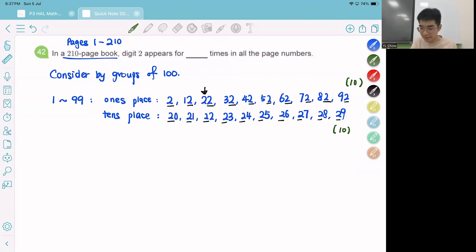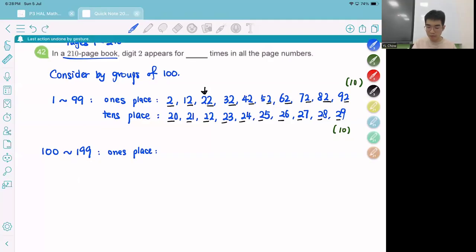Let's move on to the next case. What if I have 100 to 199? This time my hundreds digit is 1. So again, let's start by considering the ones place. When does 2 appear in the ones place? It will be 100 and something ending in 2.